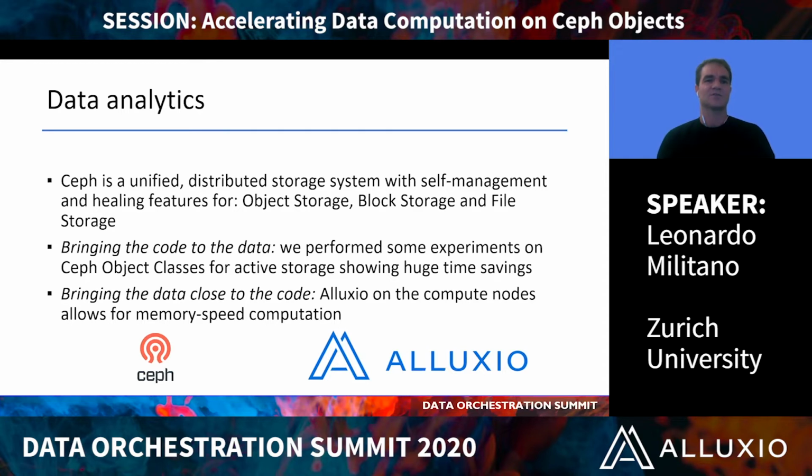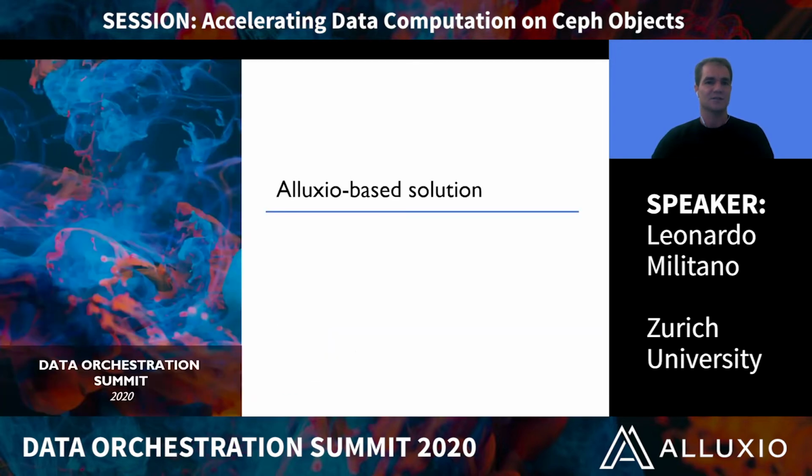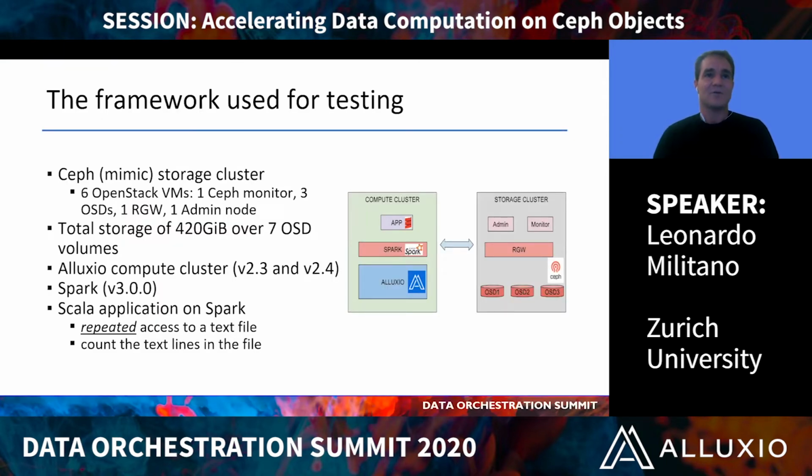So we took the chance to bring these two elements together and to analyze how bringing data close to the code is performing using Alluxio and Ceph. In the next slides, I will present what we set up as a framework for testing this solution.